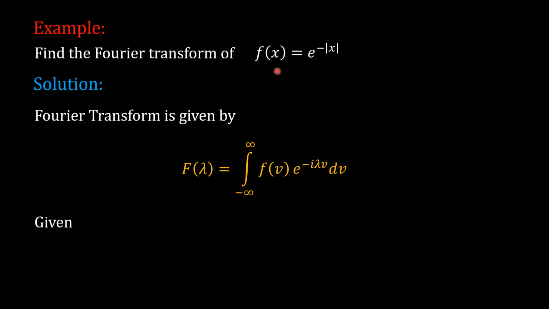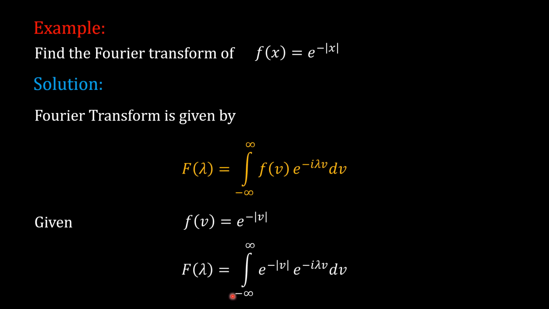In that, replace x by v. Therefore f of v will be equal to e raised to minus mod v. Replace f of v in this F of lambda. That will give us F of lambda is equal to integration from minus infinity to infinity e raised to minus mod v e raised to minus i lambda v dv.